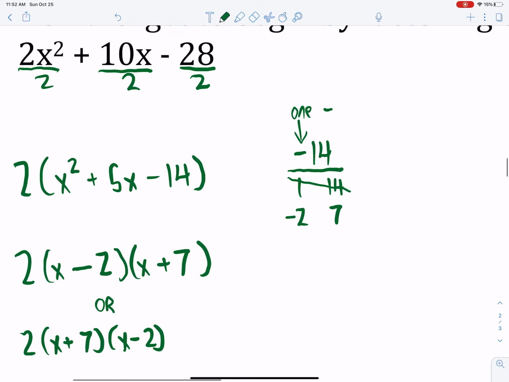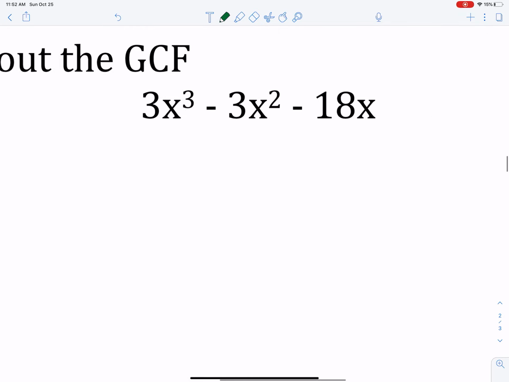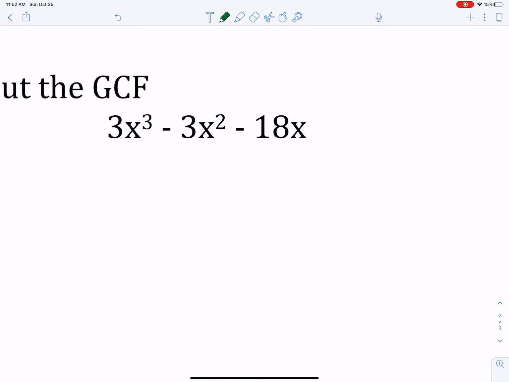Let's try another one. Here we have 3x to the third minus 3x squared minus 18x. So looking at these, there is an x in every term, and there's a number that they're all divisible by. They're all divisible by 3, and the smallest power of x is that last one, x to the first, or just x.